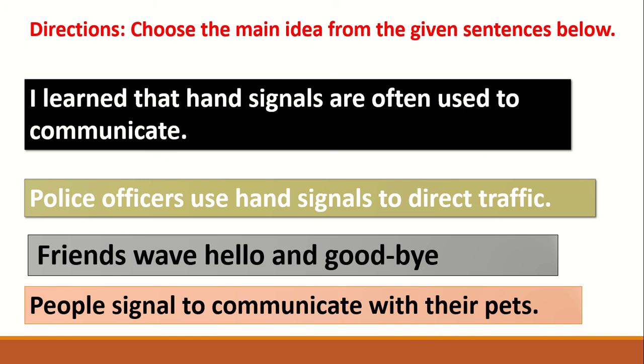Here, you're just going to choose your main idea. After you choose the main idea, write it inside the box labeled main idea. Then the remaining 3 sentences, you are going to write inside the box under the label details. Is it clear?